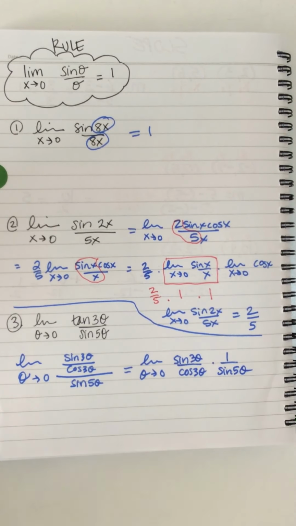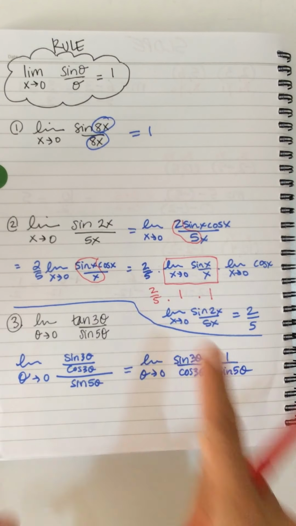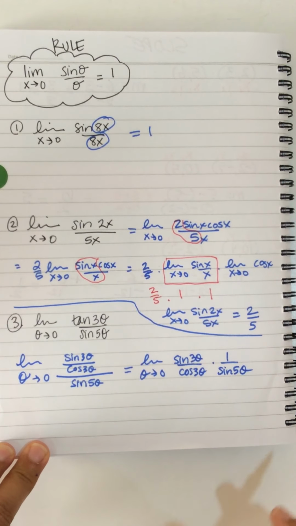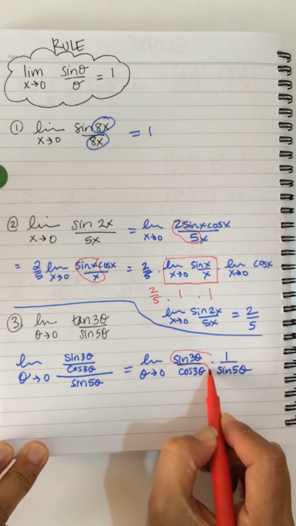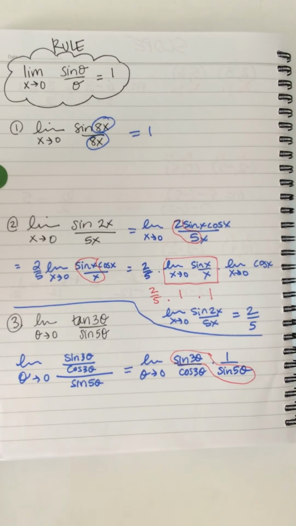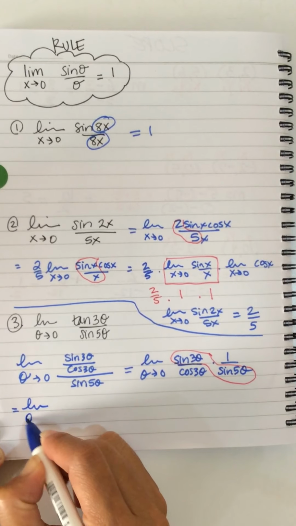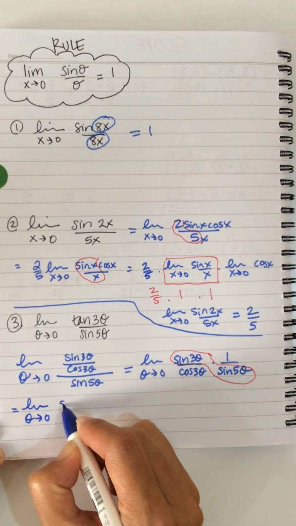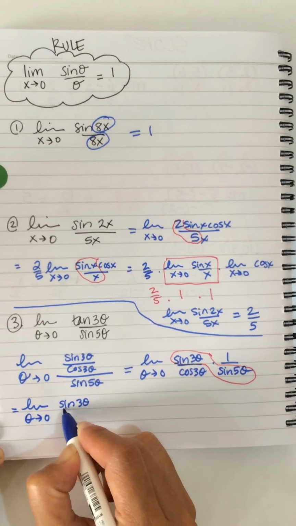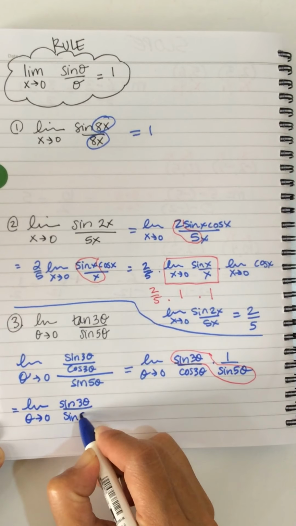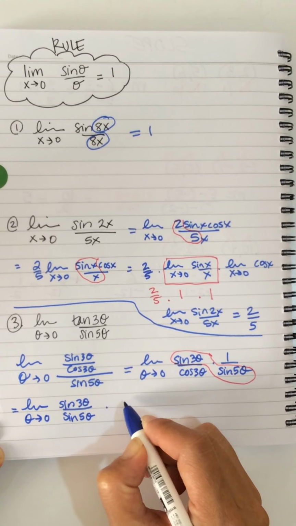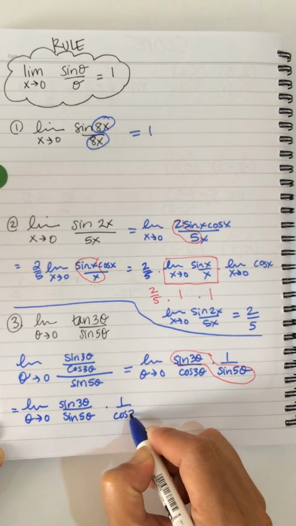Okay, so now what am I going to do? Kind of like I wrote the last one into 3 parts, I'm going to rewrite this too. I'm going to combine these, and I'll show you why in a second. I'm going to rewrite this as the limit as theta goes to 0 of sine 3 theta over sine 5 theta times 1 over cosine 3 theta.